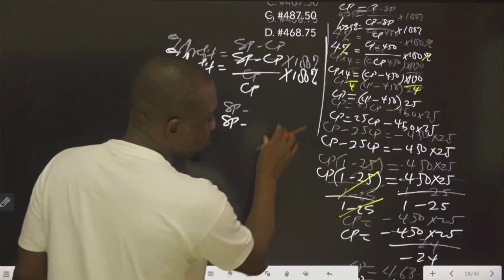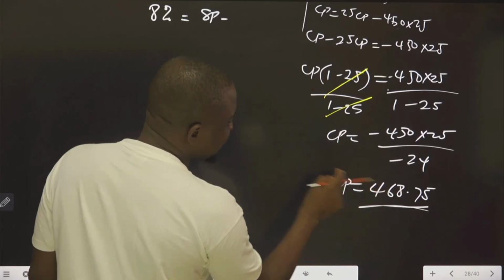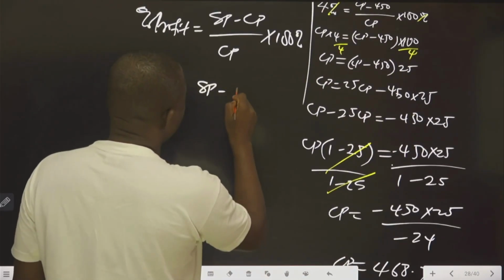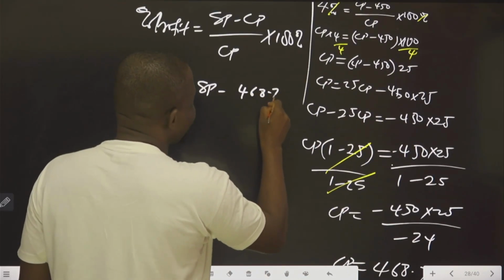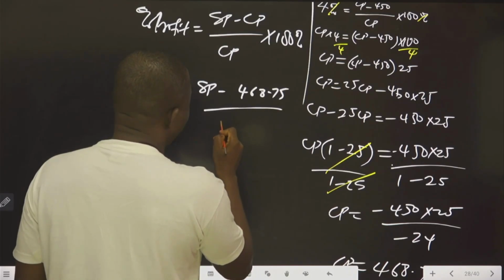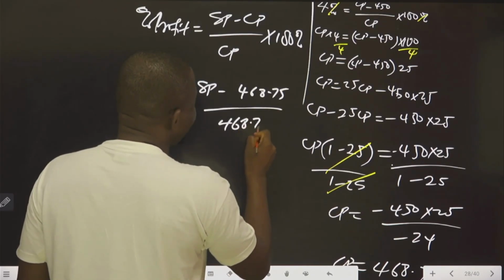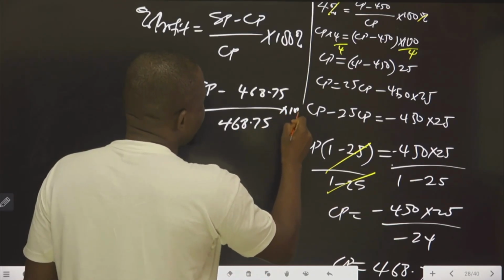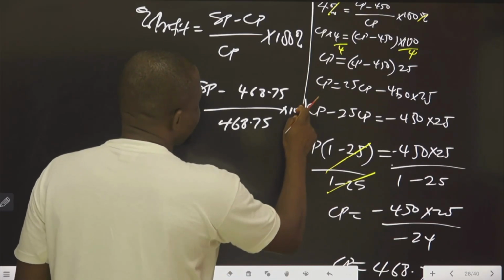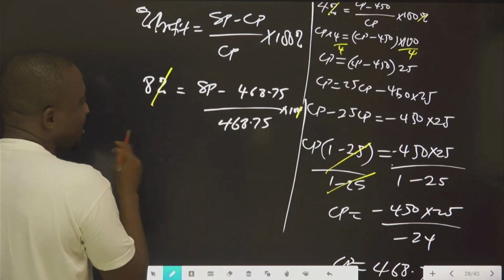We already know this to be 468.75, over 468.75 multiplied by 100%. Okay? This percent will cancel percent. Okay?